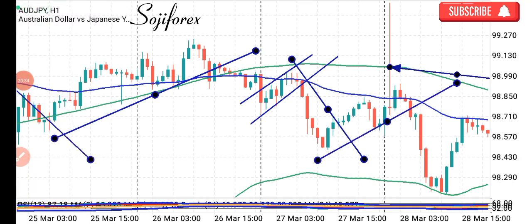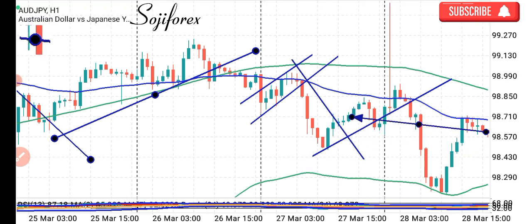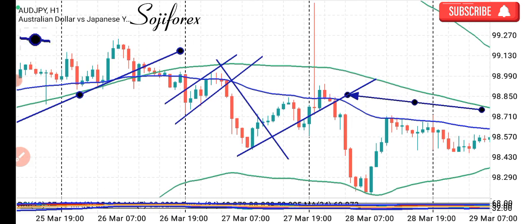We put another trend line again. Okay, then we have this particular trend line, and then price pulls back into our indicator, our moving average, and look at what happened.